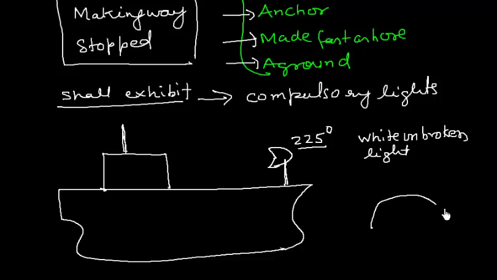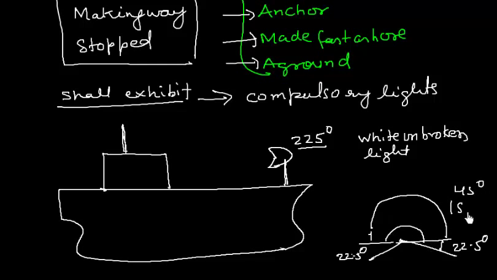So for example, this is a beam, so it can be seen from forward to 22.5 degrees this side and 22.5 degrees this side. So 22.5 and 22.5 makes 45 degrees, and this angle is 180 degrees, so the total becomes 225 degrees.